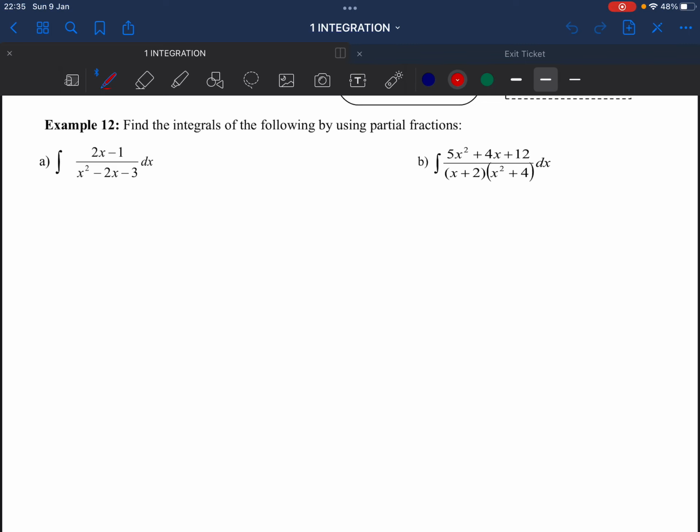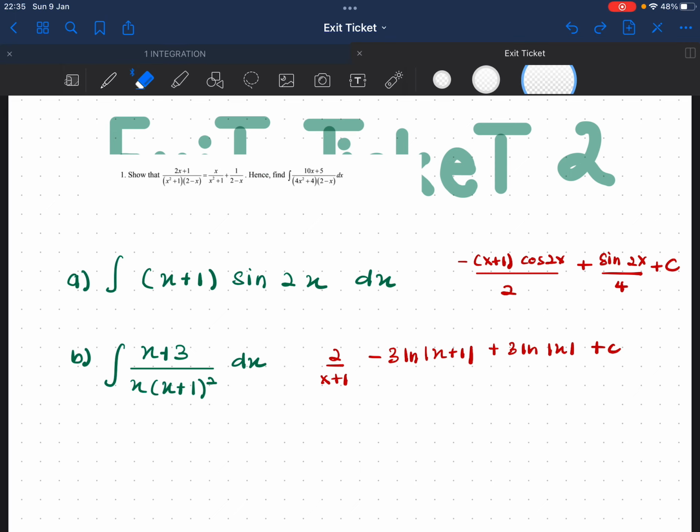We know that we have to do partial fraction. So first, take this function, ignore the integration first, just take the fraction here, 2x minus 1 over x squared minus 2x minus 3. So we are going to decompose this. x squared minus 2x minus 3, factor apa jadi?